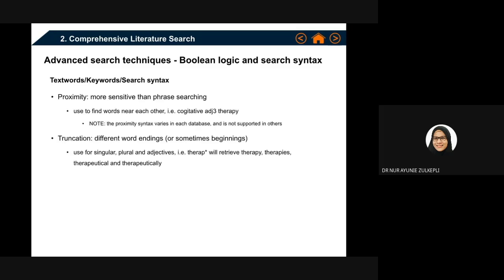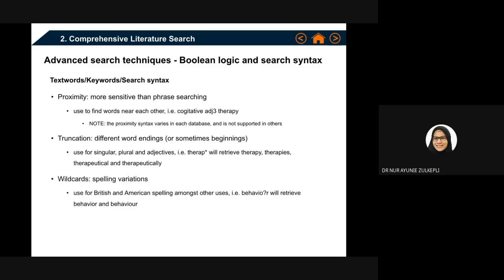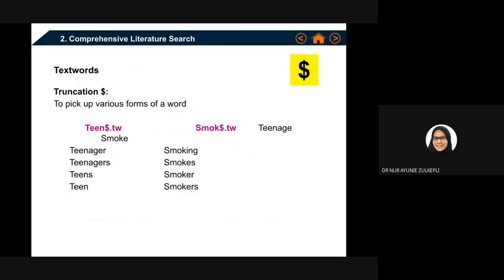Okay. So you can also use the search syntax or text word or keyword, we call it. For example, here, the truncation, the symbol. So let's say you want to search for teen. So you put teen and you put the truncation here. So the searching will come out with teenager or teenagers, teens or teen.